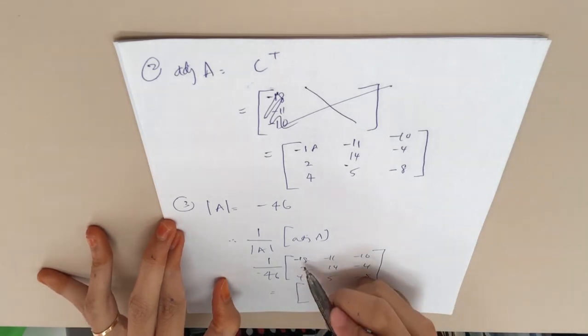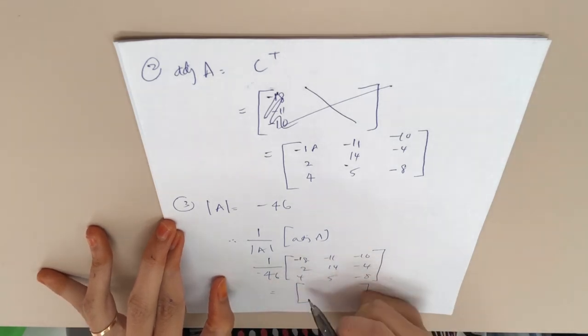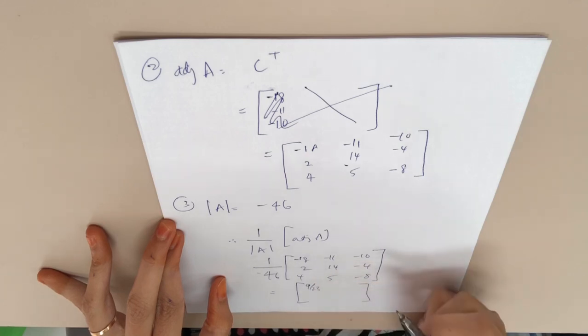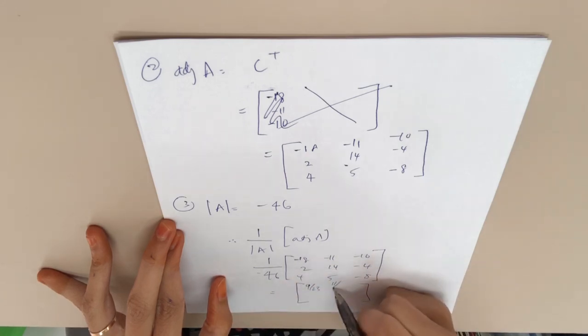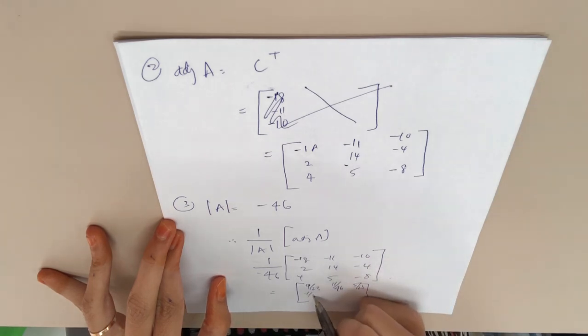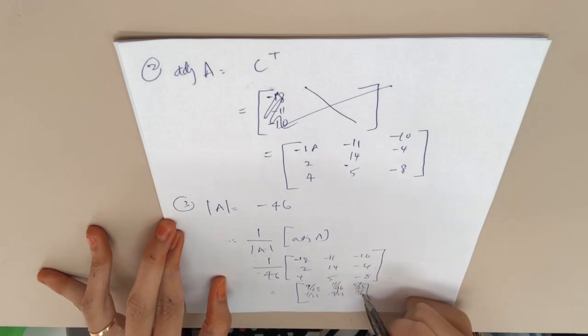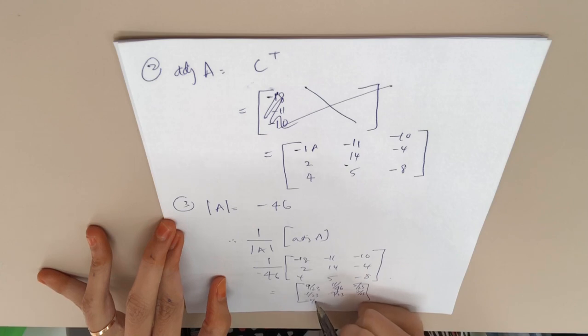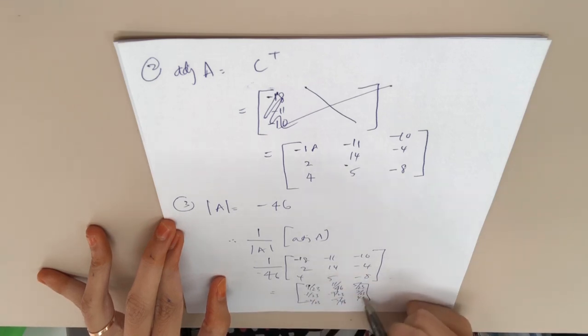So -18 divided by -46, you have 9/23, and then negative 11/46, and then here is 5/23, negative 1 over 23, negative 7 over 23, 2 over 23, negative 2 over 23, negative 5 over 46, and the last one 4 over 23.